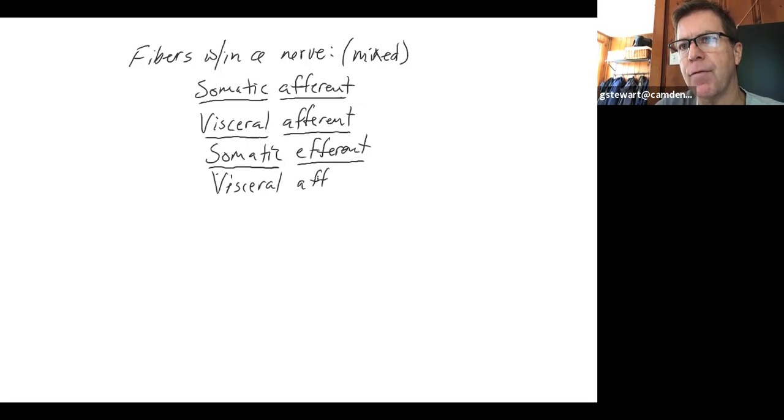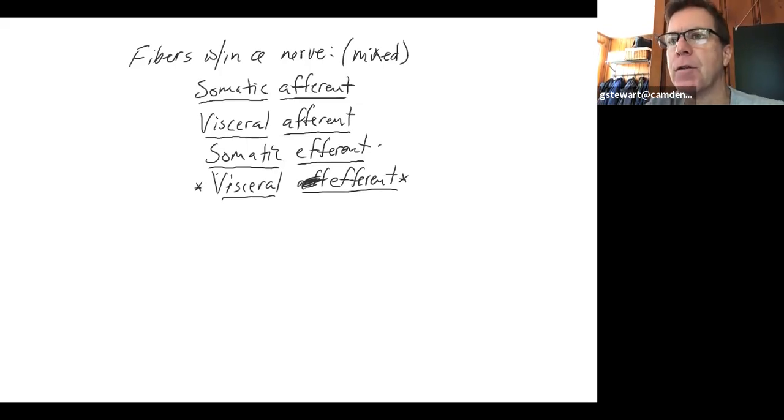Sorry, efferent. We already did visceral afferent. These would be direction of transmission away from the central nervous system to things on the inside of our body. These would be to organs and glands, smooth muscle, cardiac muscle, and glands. So this is just language of types of fibers within a mixed nerve.